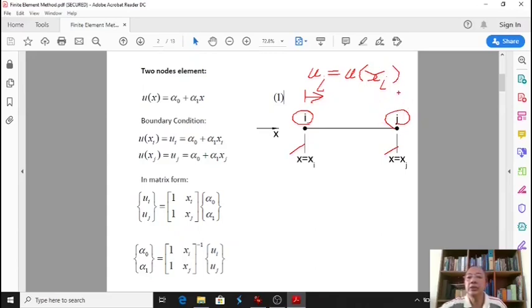So this node will go to a new displacement. Okay, so this is uj. So uj is a function of u at position xj.